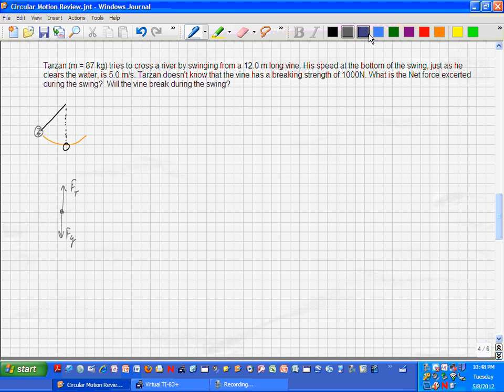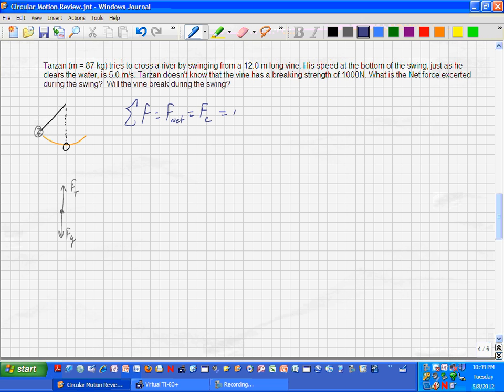So we know that the sum of the forces is the same as the net force. And since he's following a circular path here, this would be the centripetal force, or the force causing Tarzan to go in a circle.